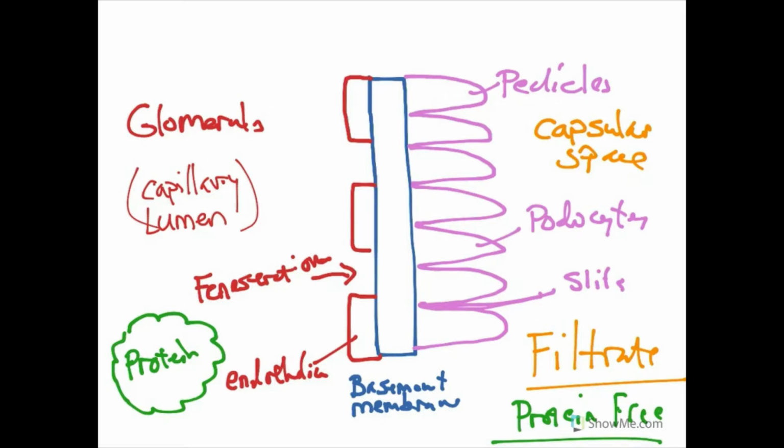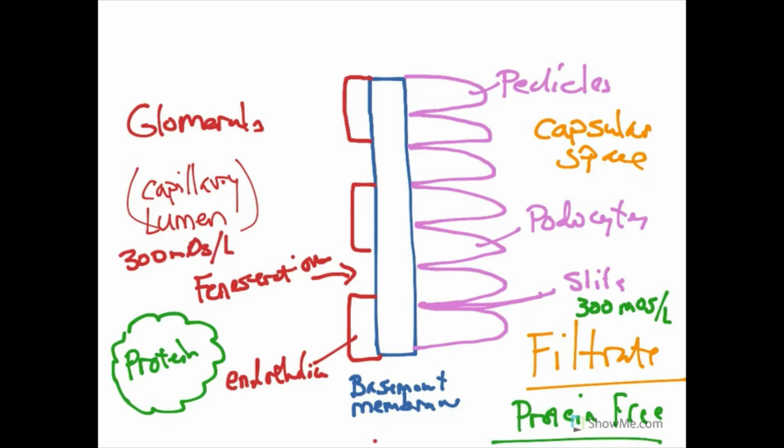It makes a very fine mesh filter, a slit that's driven purely by capillary hydrostatic pressures that are pretty great. In the capsular space, you're about 300 milliosmoles per liter, and in the glomerulus, you're about 300 milliosmoles per liter.